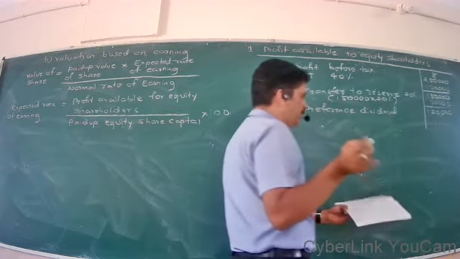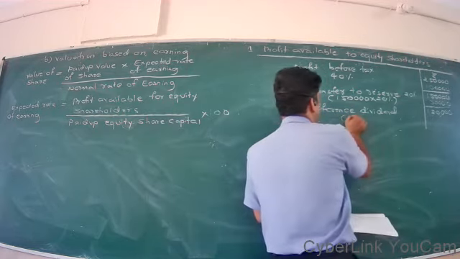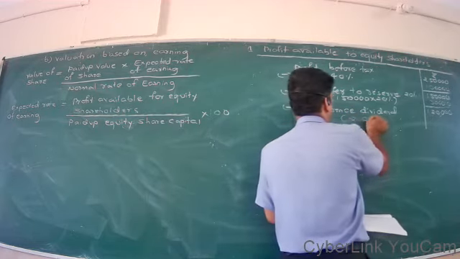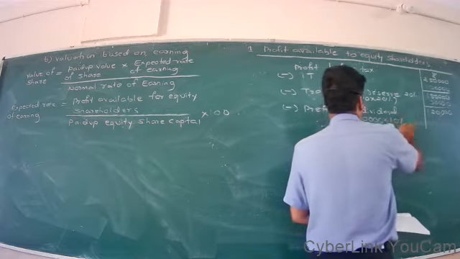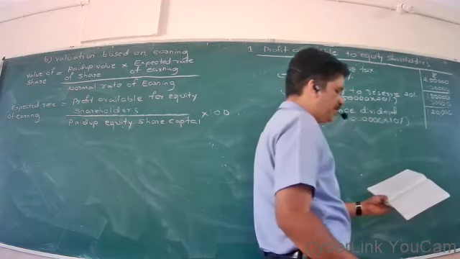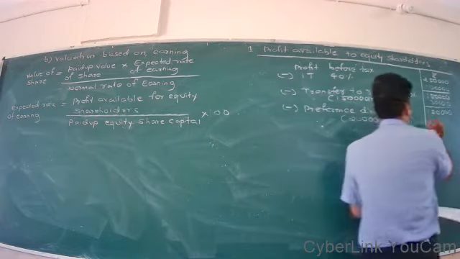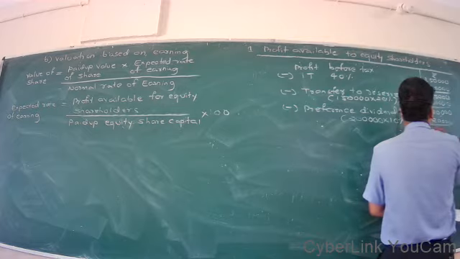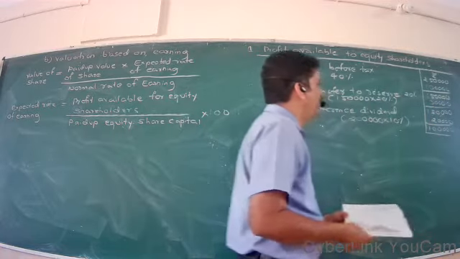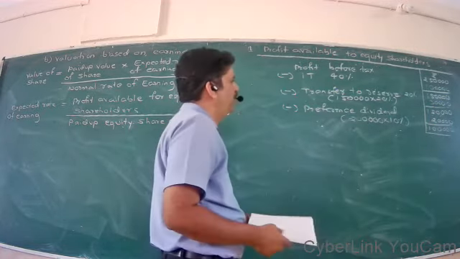Preference share capital is 2 lakh and the preference dividend rate is 10%, so 20,000. So 1 lakh is the profit available to equity shareholders.